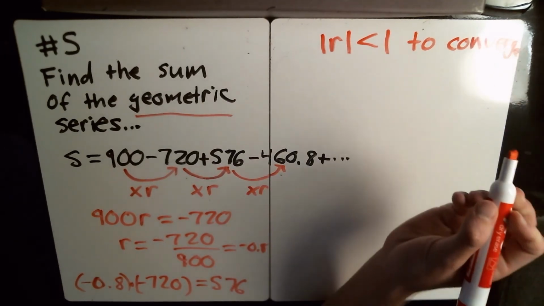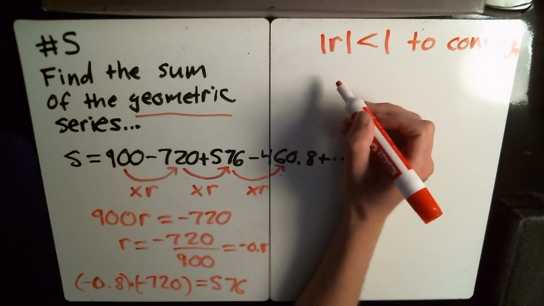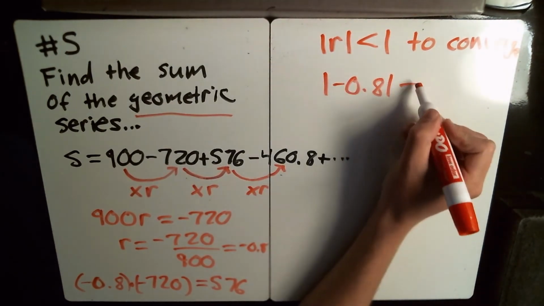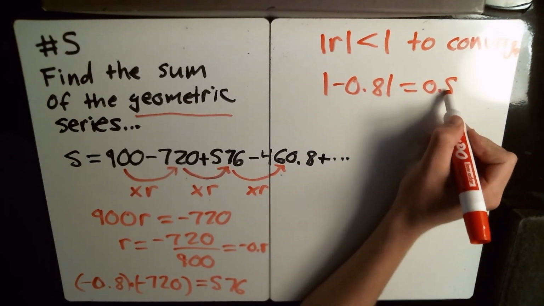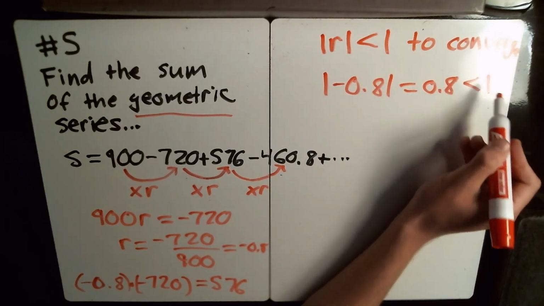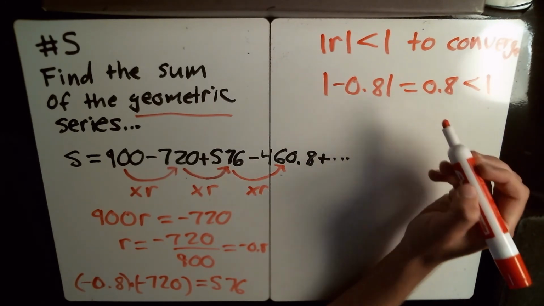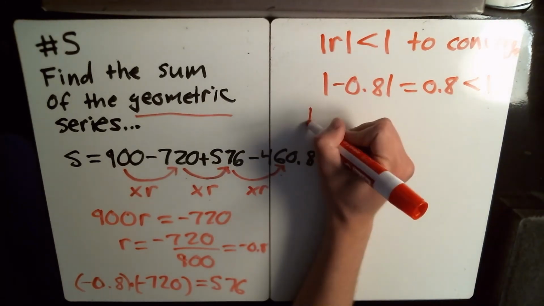So, in my case, when I do the absolute value of negative 0.8, that just makes it positive, and that is less than 1. Okay? So, it does converge.